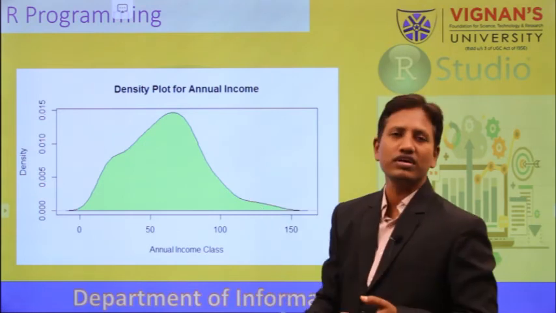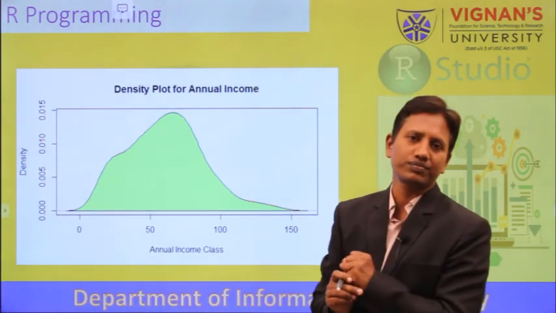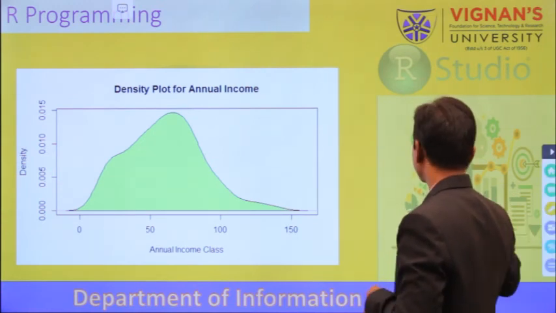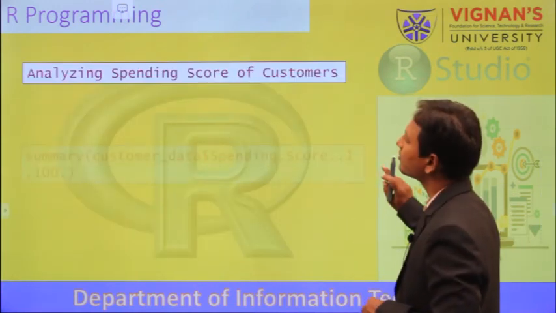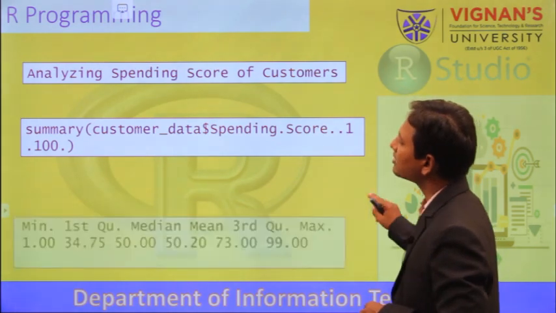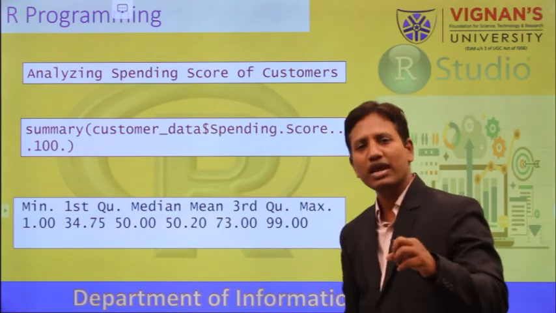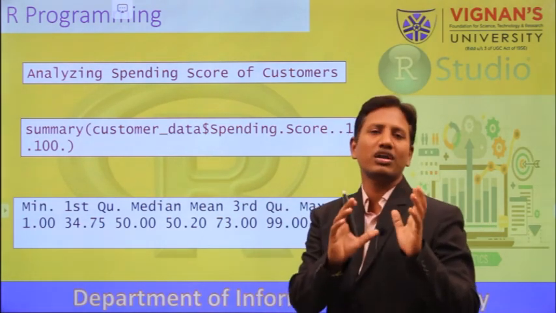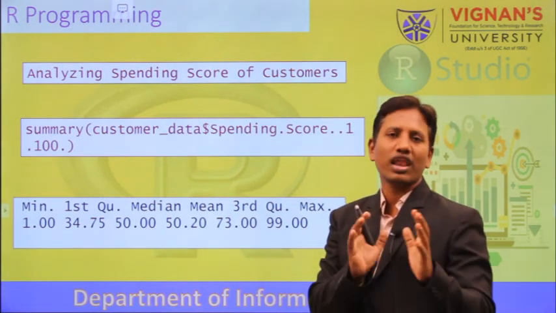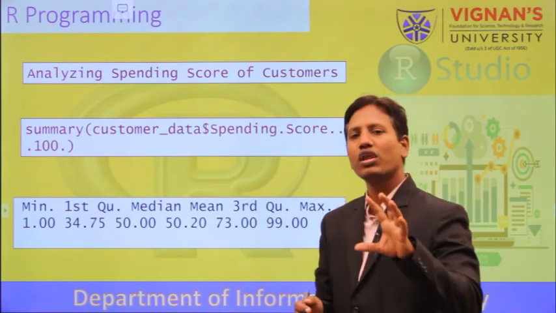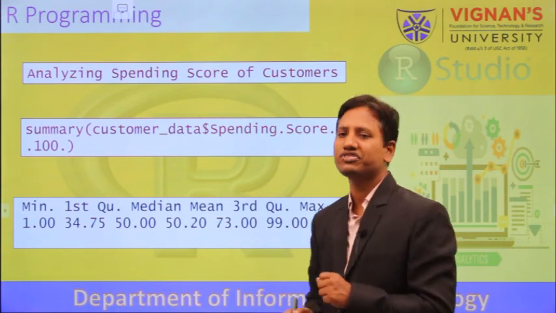This density plot gives us an accurate picture. Then we analyze the spending score of the customers. We apply the same functions on different columns to analyze the data in different dimensions. Each and every column we can call a dimension.